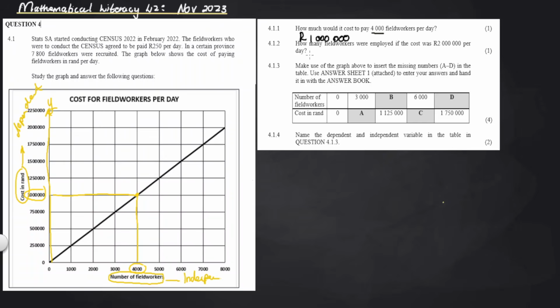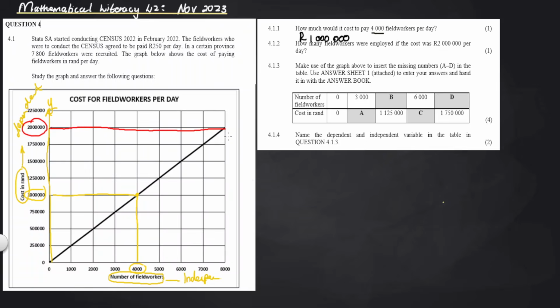Another question would be: how many field workers were employed if the cost was 2 million Rand per day? So you go to the graph, find 2 million Rand, and read across.